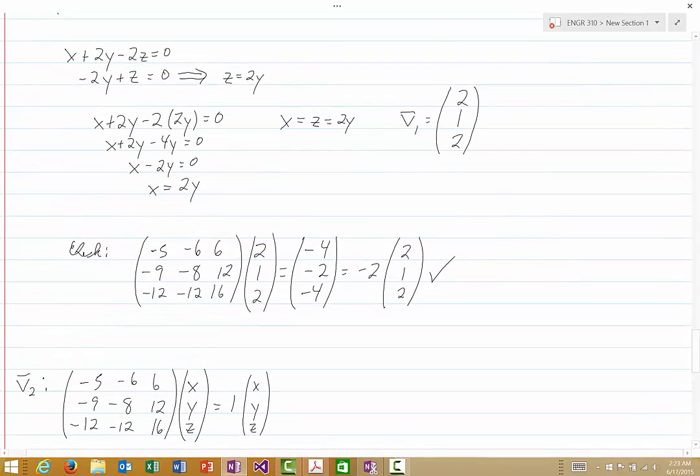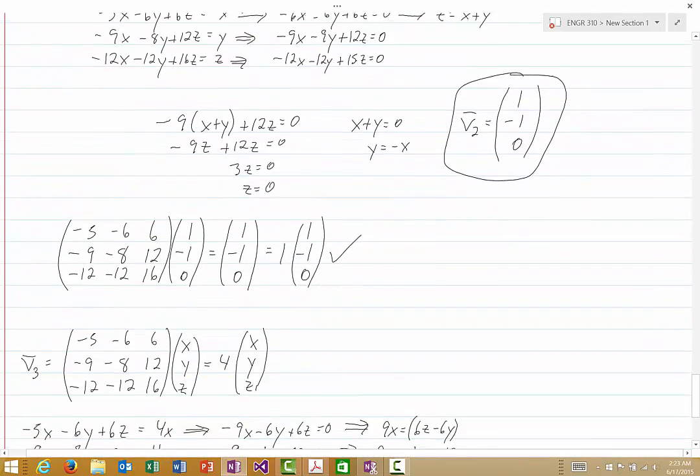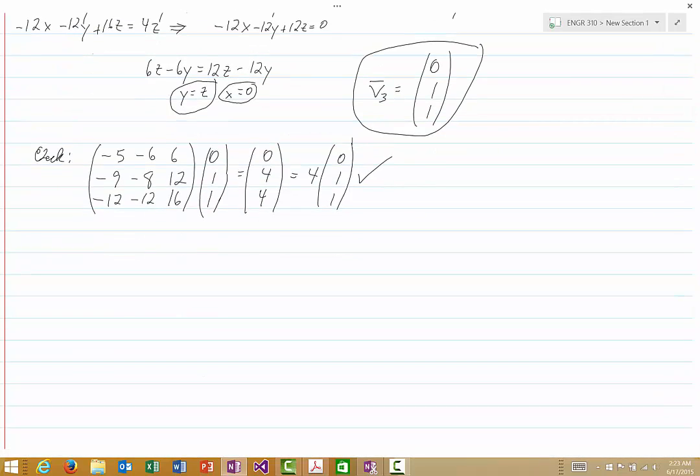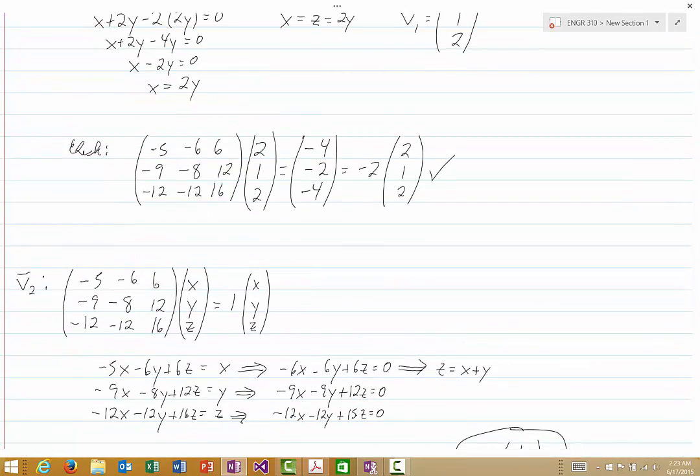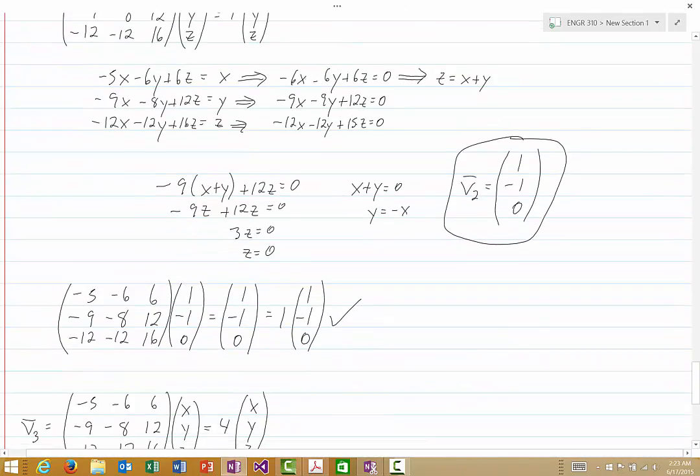So now that we have our eigenvectors, we can form the matrix P. The first column of P will be the first eigenvector of A, so that will be 2, 1, 2.